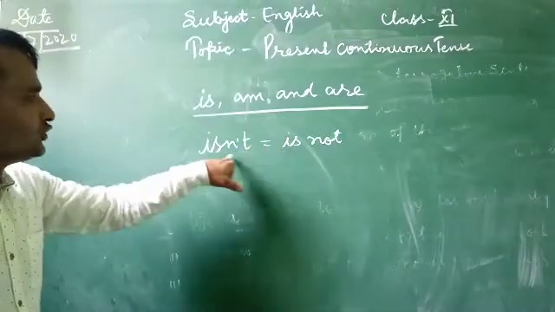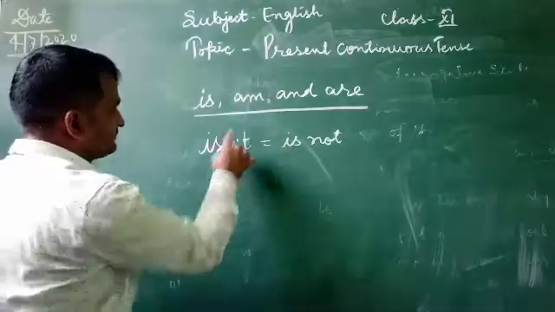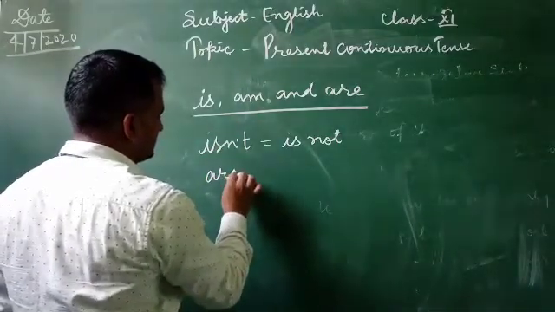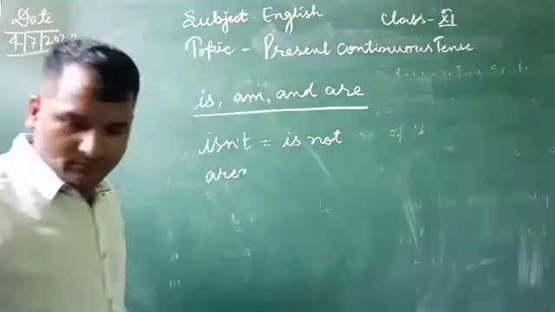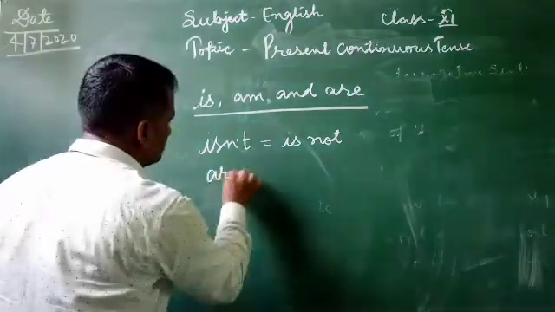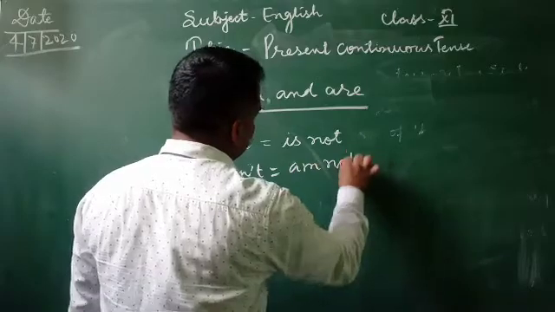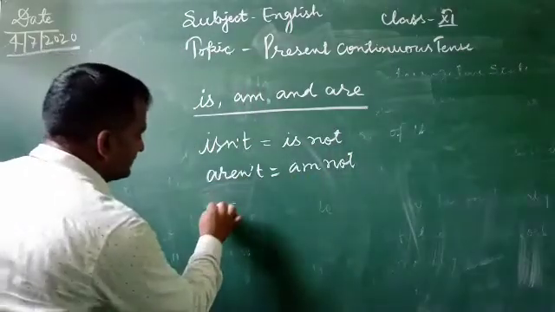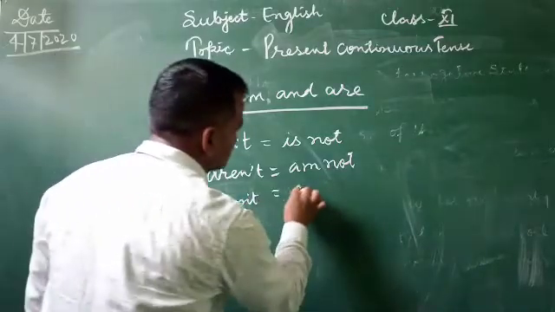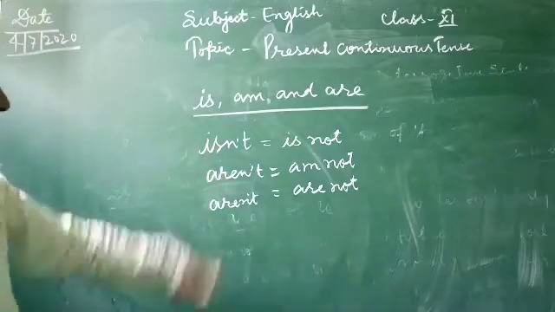You can use the abbreviation of is not, isn't, and of are not, aren't. These are the abbreviations of this tense.